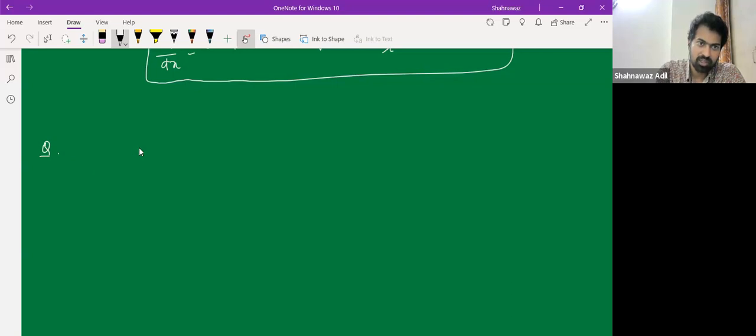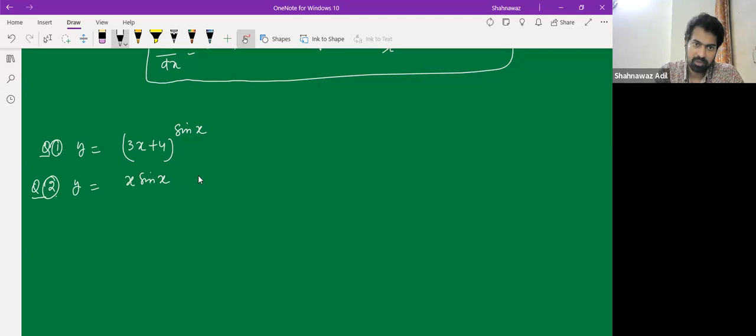So y is 3x plus 4 power sine x. This is the first question. And let me complicate this question further.